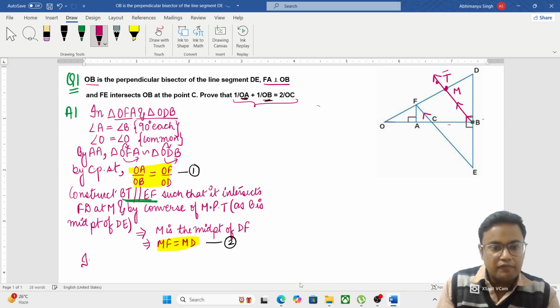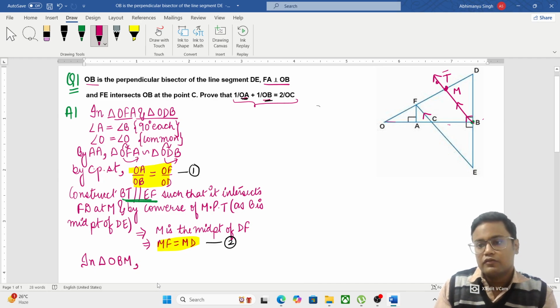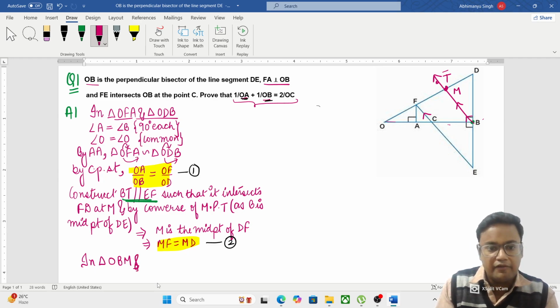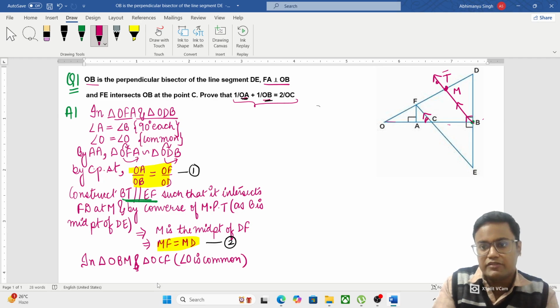Now in triangle OBM, you can take the triangle OBM and you can take the triangle OCF, right? And triangle OCF, angle O is common, right? Angle O is common, and since CF is parallel to BT, therefore these two angles, angle C and this angle, you can name it as OBM, right?